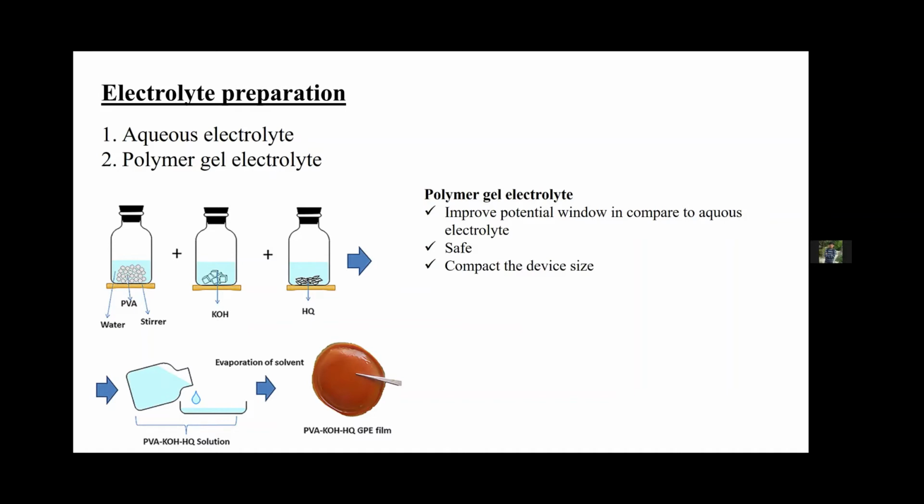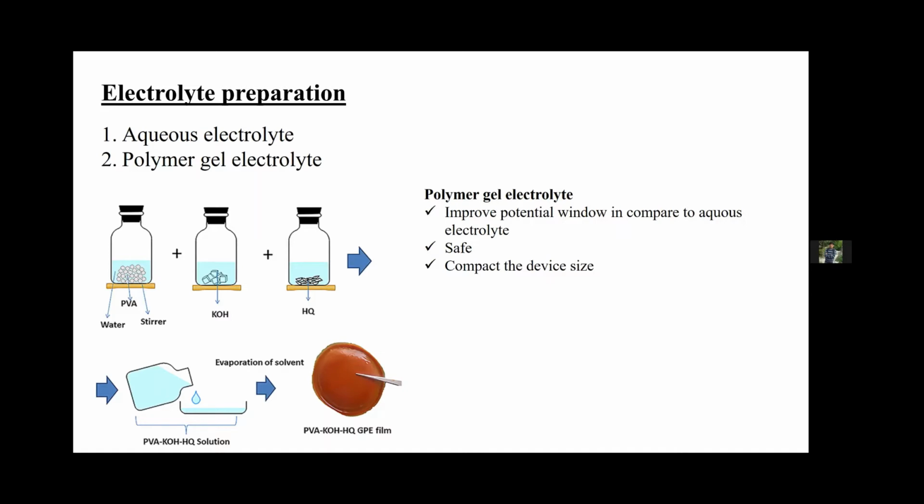Why did this short circuit happen? Because if inside the devices all the aqueous electrolyte evaporates, then the two electrodes come into contact together. So due to this short circuit, these things happen. But in the case of the polymer gel electrolyte, it can prevent the evaporation of electrolyte. So as a result, it is safe.